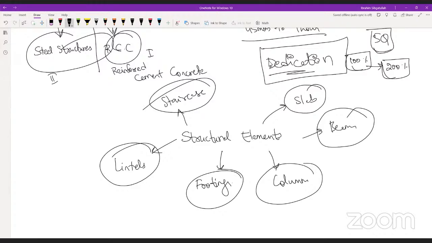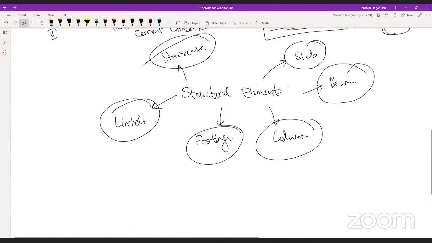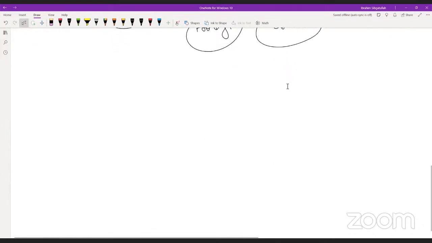Leave all that stress, leave all that effort on me. I have prepared the subject in such a way that you can very easily crack it. But again, I'm telling you, time management is very important. I can tell you one shortcut technique that you can follow after I'm done with the class.